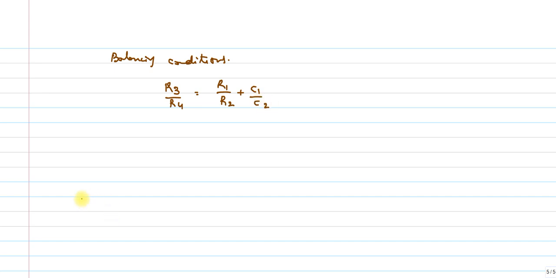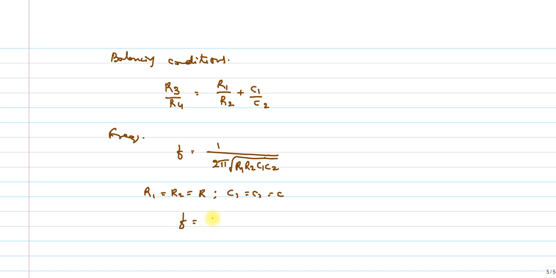Okay, and the frequency is given by F is equal to 1 by 2 pi root R1 R2 C1 C2. So this is the frequency. For example, if we make R1 equal to R2 and which is equal to R, and C1 is equal to C2 and which is equal to C, then this frequency will be equal to 1 by 2 pi RC.